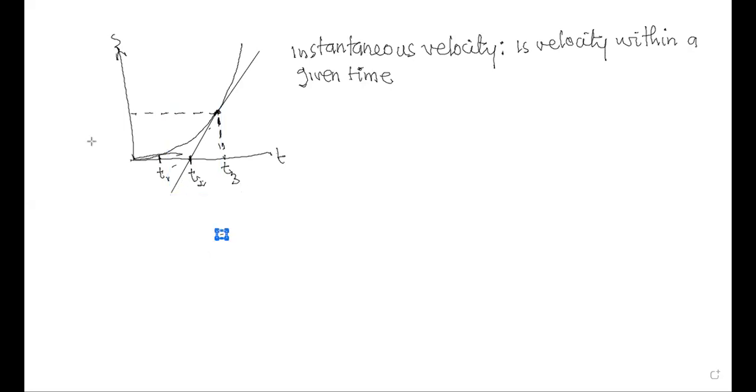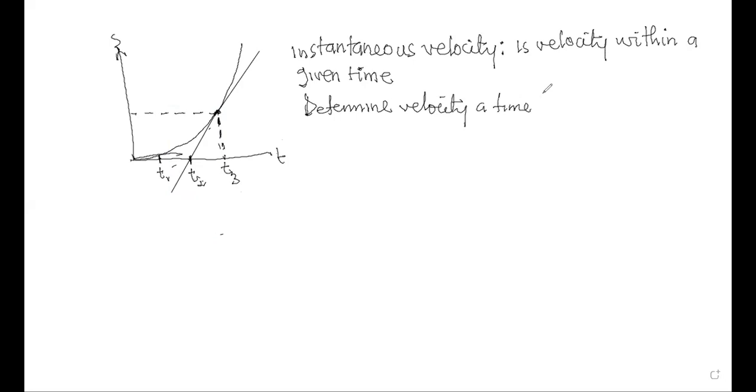Maybe determine the velocity within a time T3.